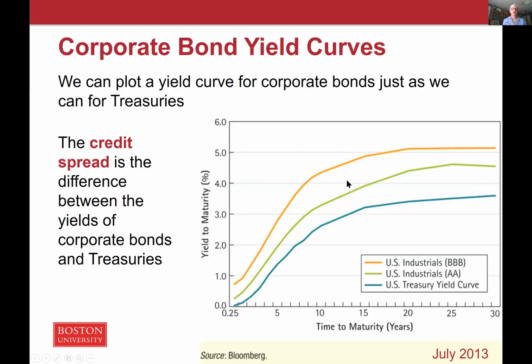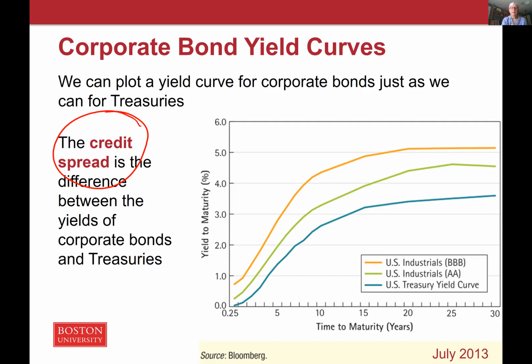What we're going to focus on is how do you figure out what the yield to maturity should be if it's not a risk-free bond. So what you do is you look at what we call the credit spread. You look at how much extra yield investors are expecting over the default-free rate in order to buy these bonds.